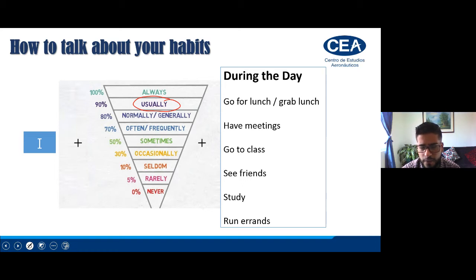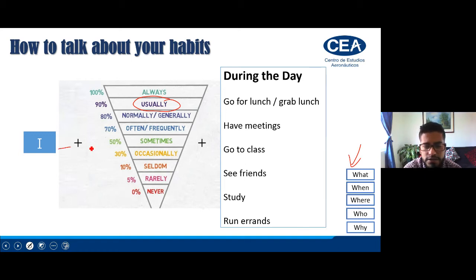If I want to extend my answer, I start answering the questions: what, when, where, who, why. I can say, I sometimes see friends on weekends in a restaurant with Carolina and Marta because we like to eat some food during the weekend.